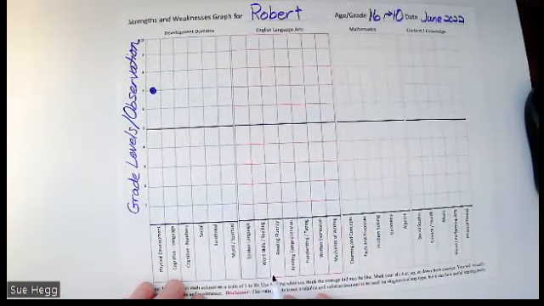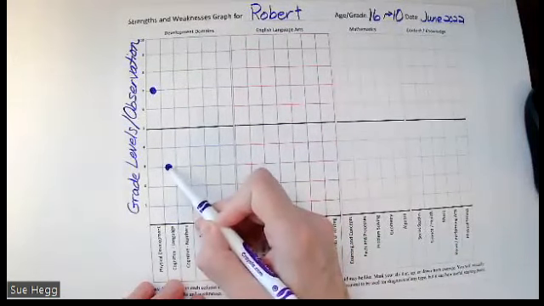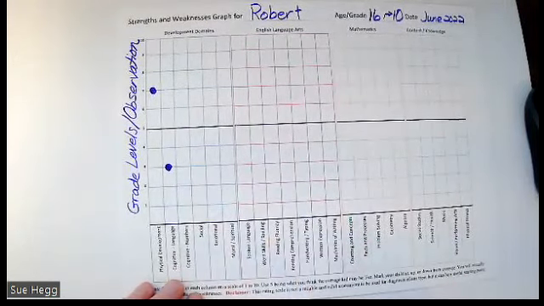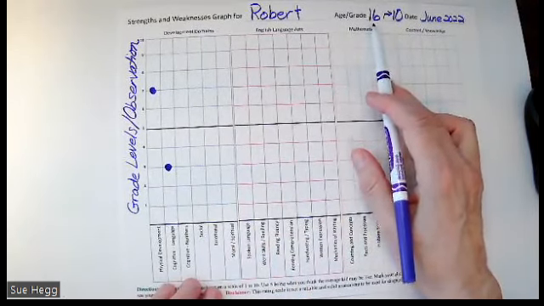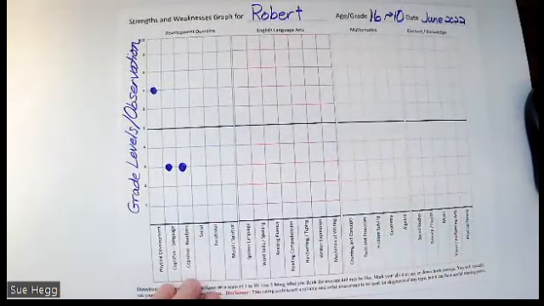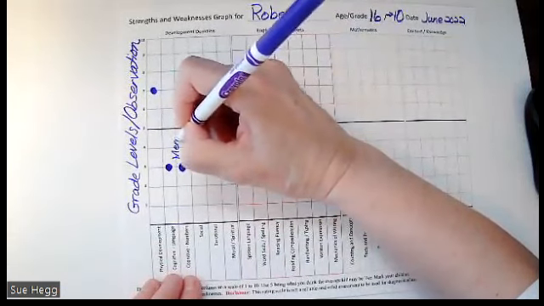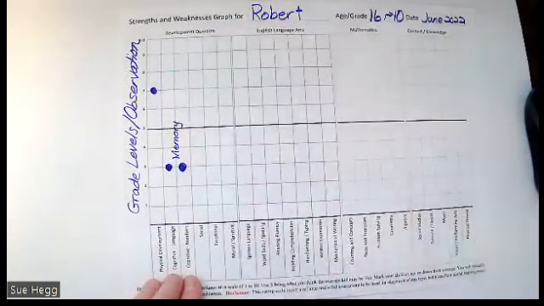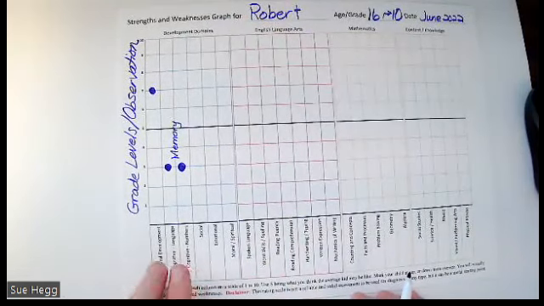His cognitive language, overall, his language skills are not super far below, but they certainly are not at a 16-year-old level. His number sense is the same way. And a lot of that has to do with memory. So I'm actually going to make a little note on here, memory, because we know that's what's impacting the cognitive skills.